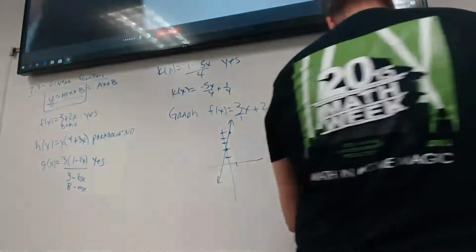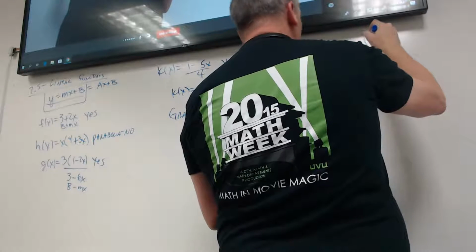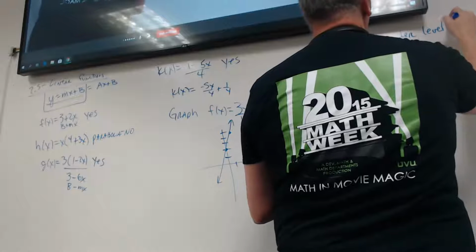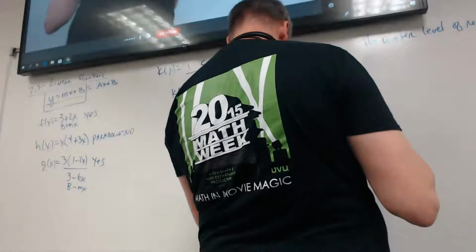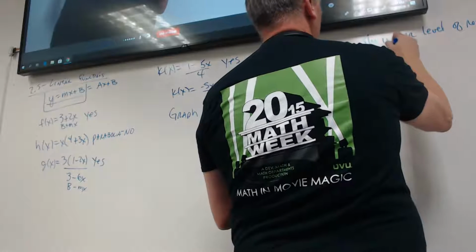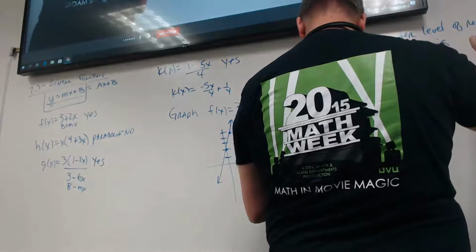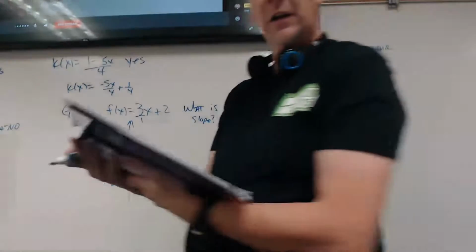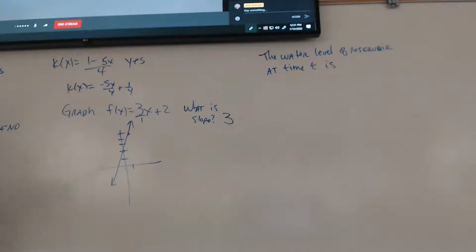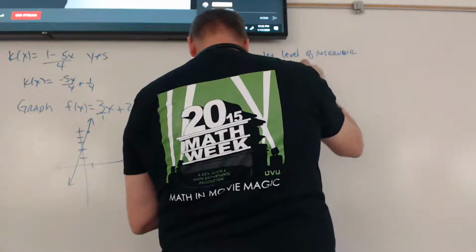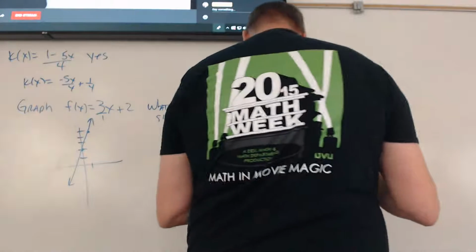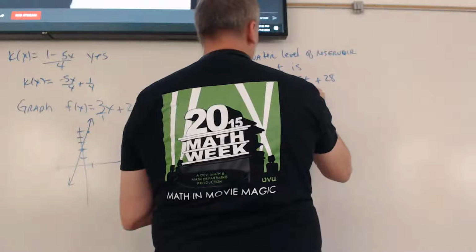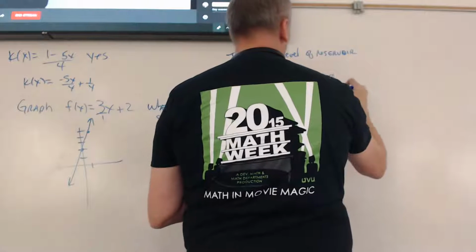All right, how about, let's do a few nice story problems, because I know you guys love those. Let's say that the water level of a reservoir at time t is given by f of t equals 4.5t plus 28, where t equals the number of years since construction.